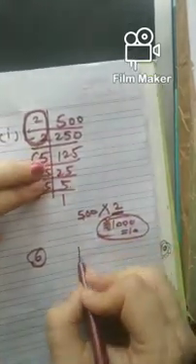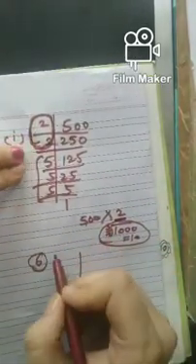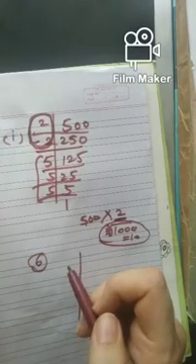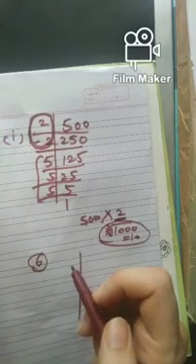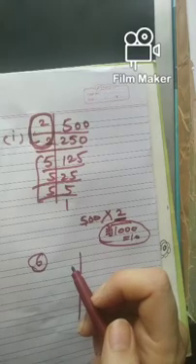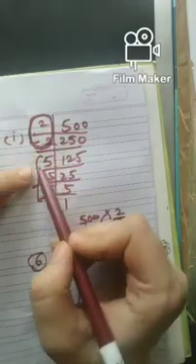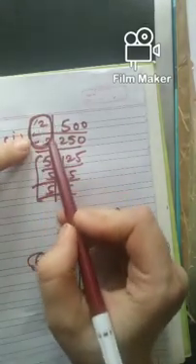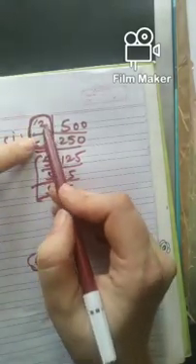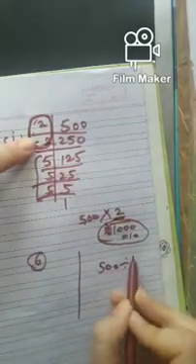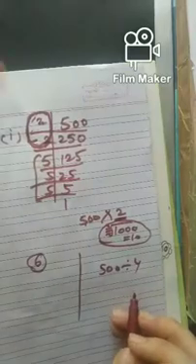Now suppose they have given this number only. Again, now they are asking by which number it should be divided to make it a perfect cube. Beta, divided means whatever extras are there other than triplets, you have to remove that. So what I will do, this triplet of 5 was complete, but the triplet of 2 was not complete. So I will divide with 2 into 2, these extra numbers. So 500 will be divided by 4 and it will become a perfect cube.